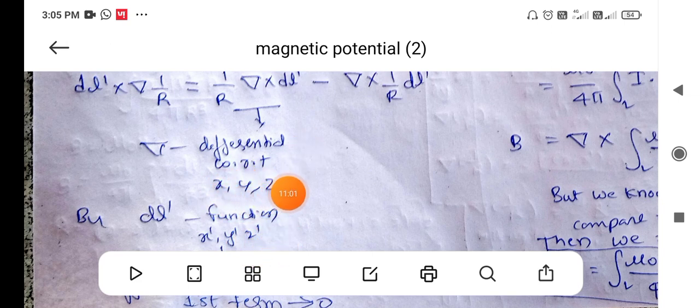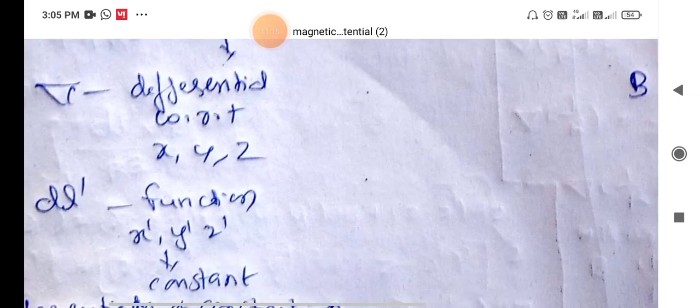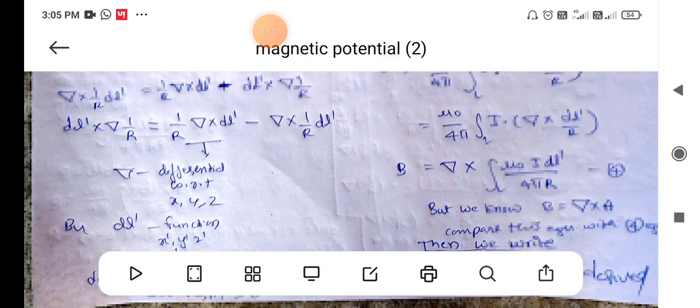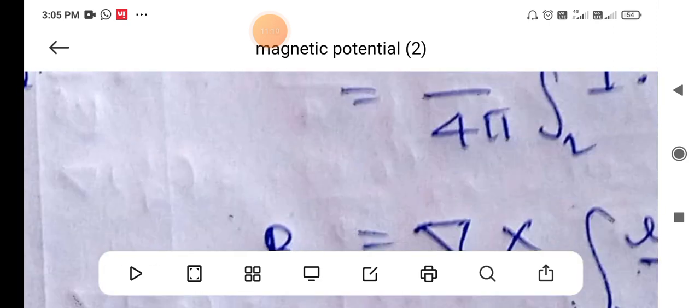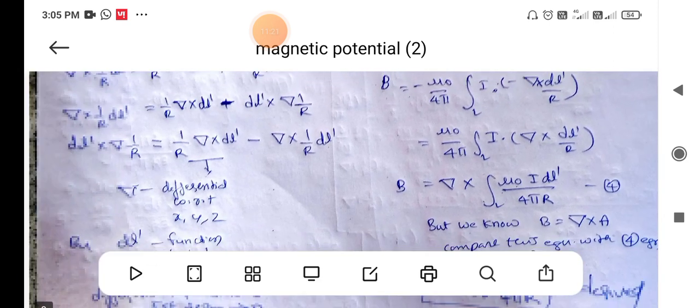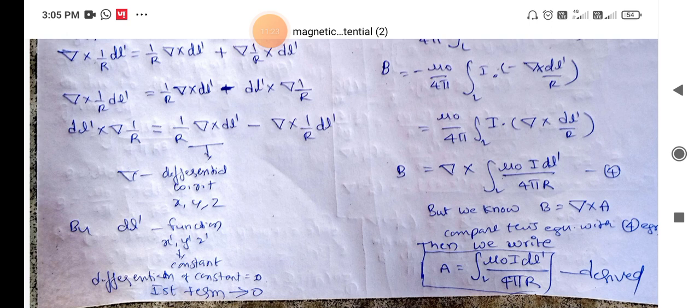So dl dash becomes constant, and differentiation of a constant is nothing but 0. The first term becomes 0.